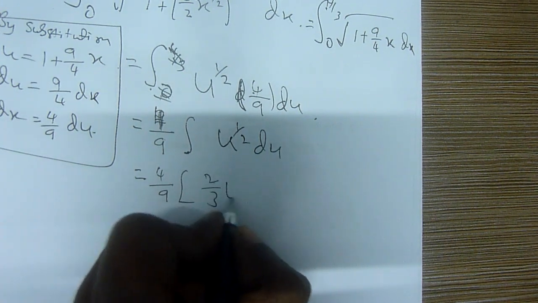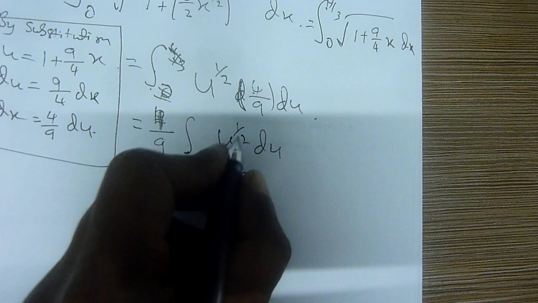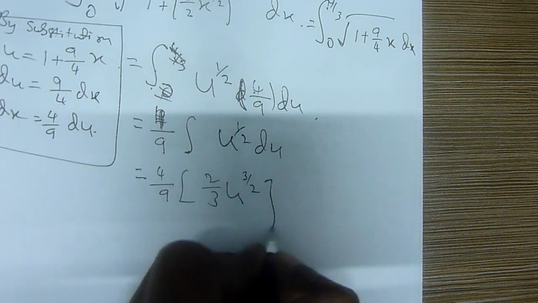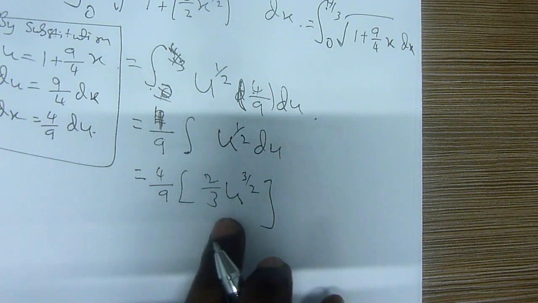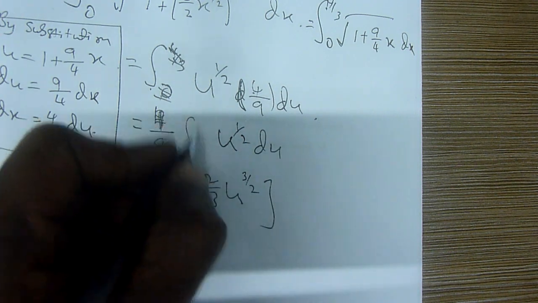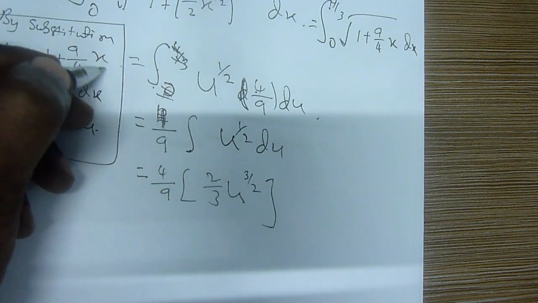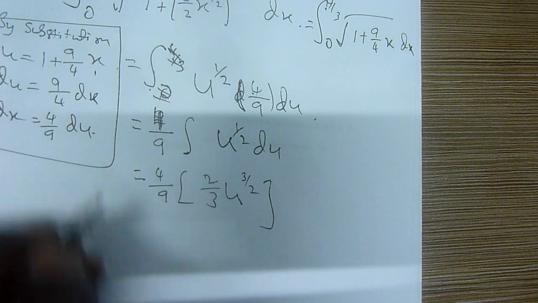2 over 3u, 3 over 2, because you can differentiate that for this. Now in the u form, I don't know what to substitute here. You can substitute later, you can calculate this number, you want to put x, whatever, then directly just substitute, no problem.